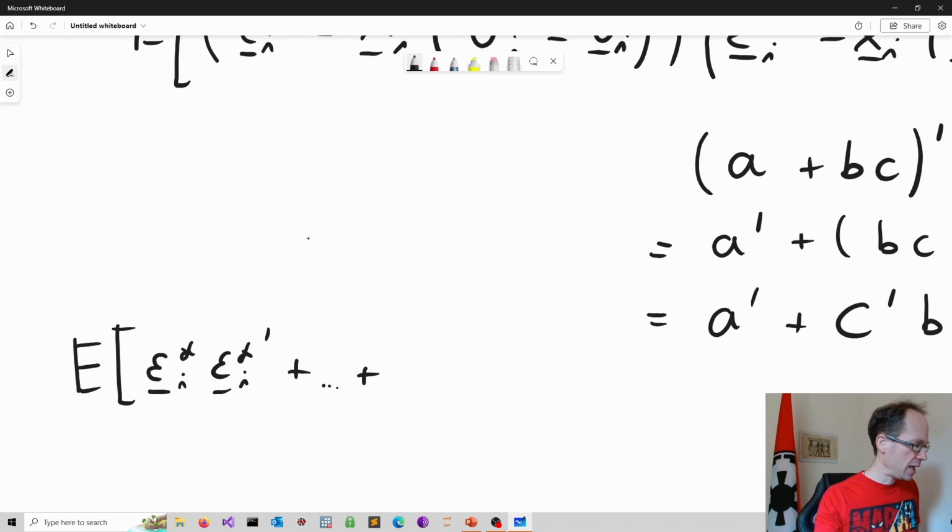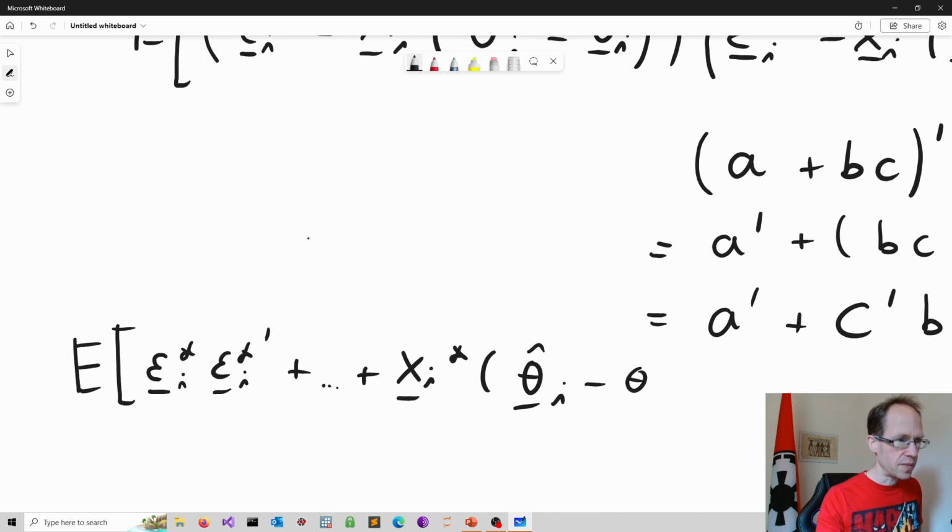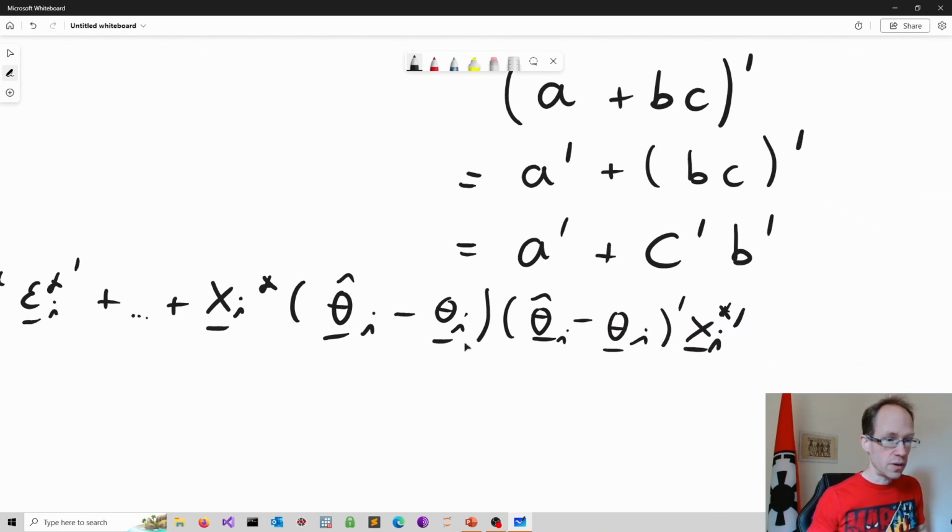And then here in the back you have another term, which has a value xi star, and then you have the expression for the estimate of my parameter vector and the true parameter vector, and then this multiplies with the same transpose and then times xi star prime. And then I should not forget I have conditional expectations here.